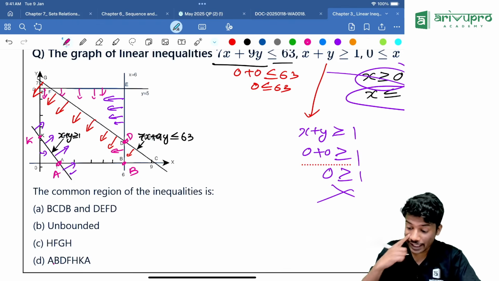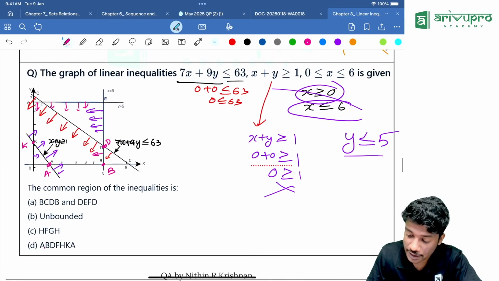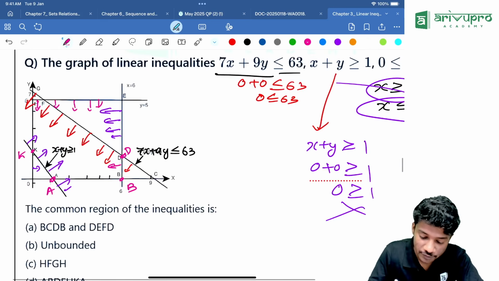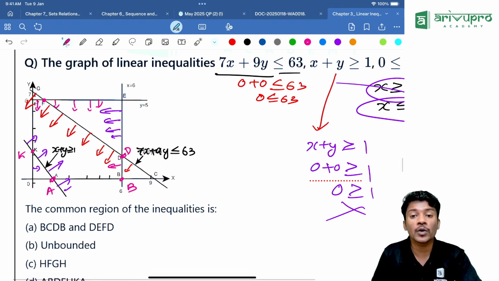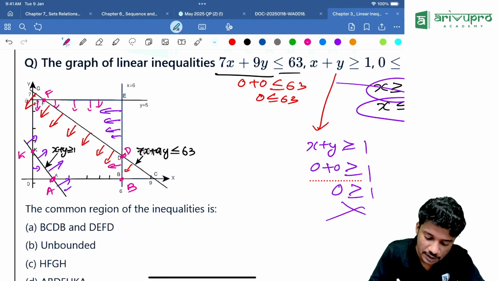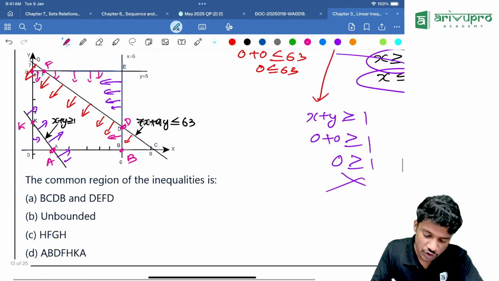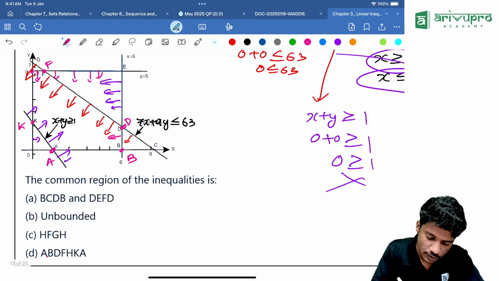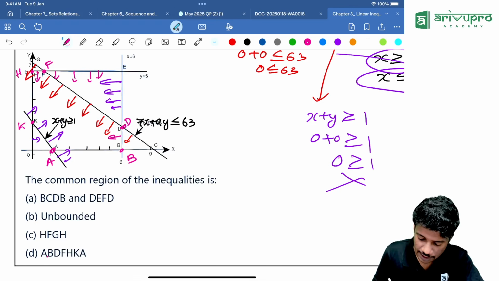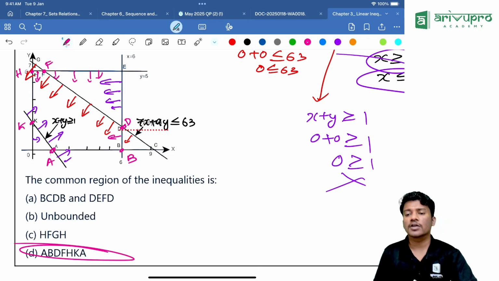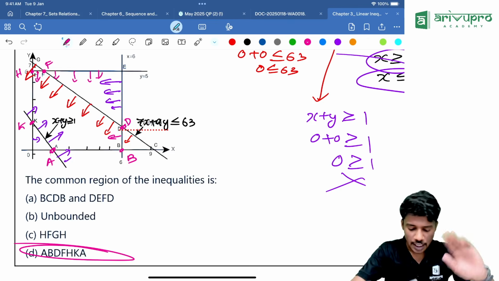No, since it is y less than or equal to 5, it is not part of it because it is not bounded. Then F is there. Then H. And finally K. Then A. So the answer is Option D.